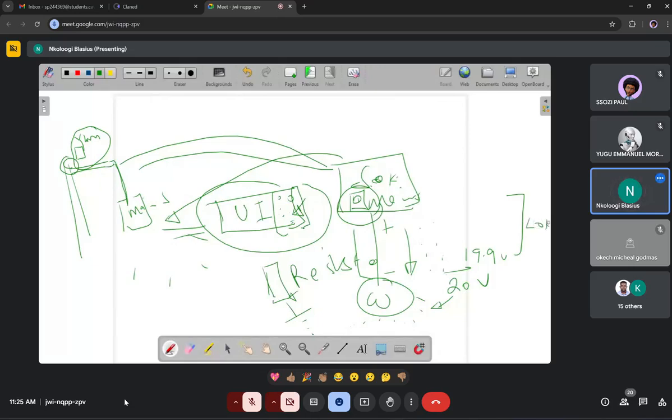If it will be off, then above 20 it will be high.